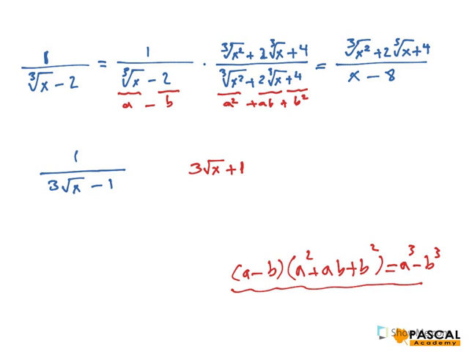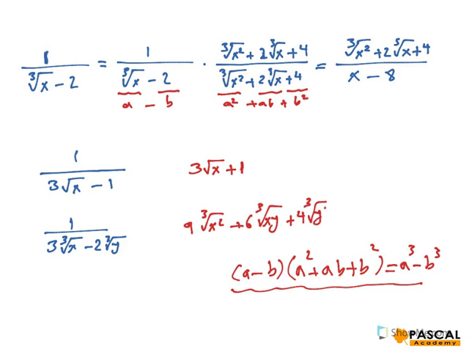And in order to rationalize the denominator of 1 over 3 cube root of x minus 2 cube root of y, we multiply the numerator and denominator by 9 cube root of x squared plus 6 cube root of xy plus 4 cube root of y squared. We know if we multiply 3 cube root of x minus 2 cube root of y by this expression, we get 27x minus 8y. Thank you.